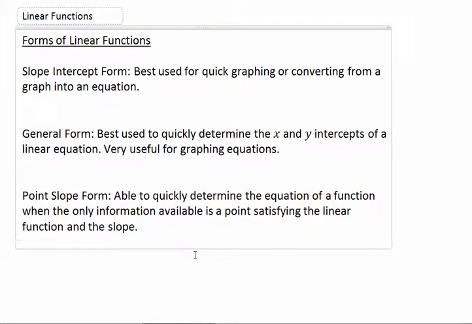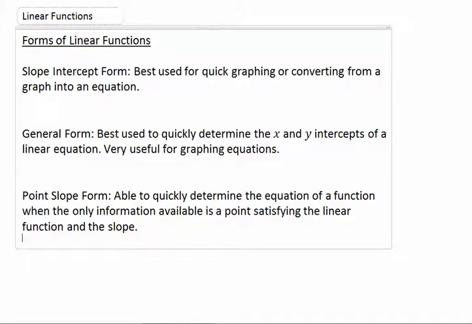So slope-intercept form is best used for quick graphing or converting from a graph to an equation. General form is best used to quickly determine the x and y intercepts of a linear equation, and it's very useful for graphing equations. Point-slope form, you're able to quickly determine the equation of a function when the only information available is a point satisfying the linear function and some way of determining what the slope is.